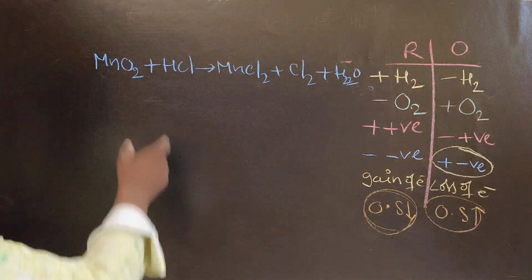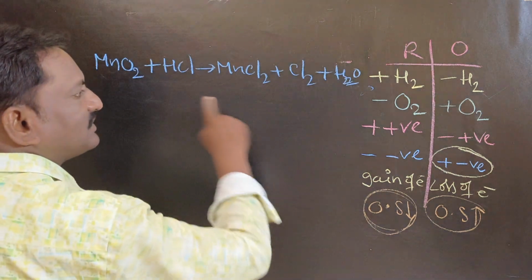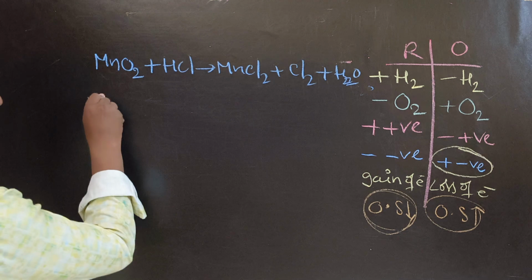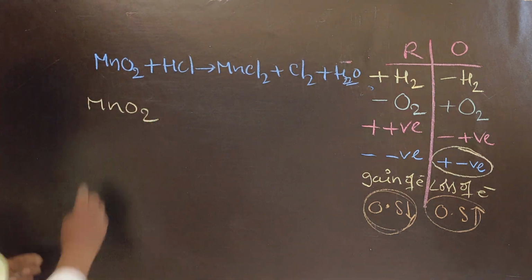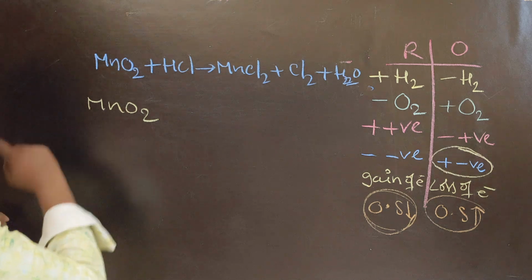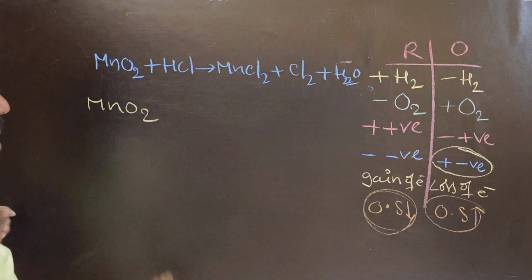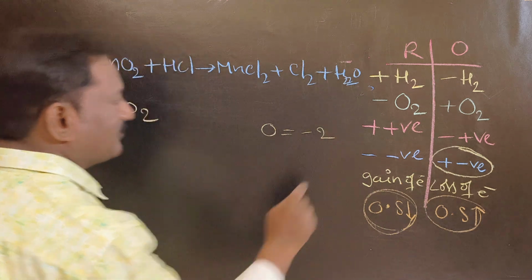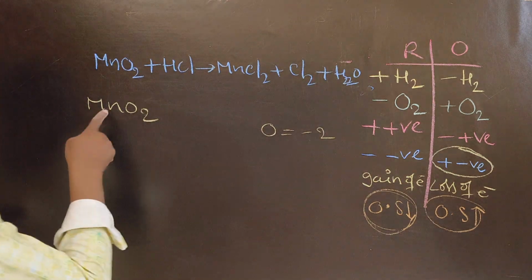Listen carefully. We need to find out oxidation states for all these compounds. In case of manganese dioxide, we need to find the manganese oxidation state. Oxygen oxidation state is always -2. Please remember that. With the help of this, we need to find out.